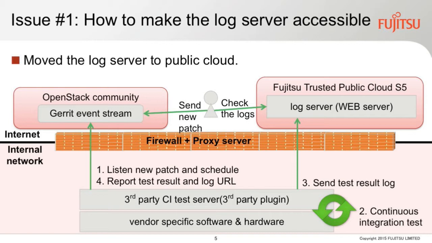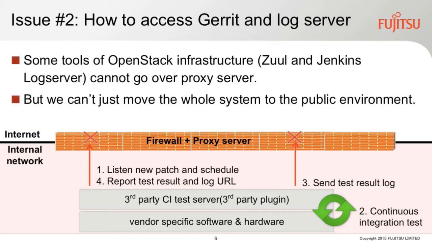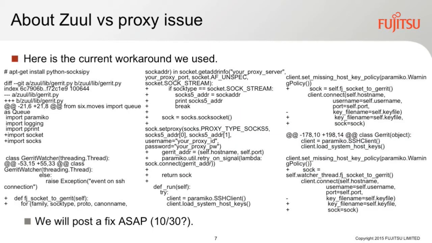Of course not. There's another issue we faced: we couldn't access Gerrit and the log server after that. That is all because of the proxy. Zuul and the Jenkins log server just can't go over our proxy server. But we can't just move the whole system outside. So we tried to figure out how Zuul works and changed Zuul.